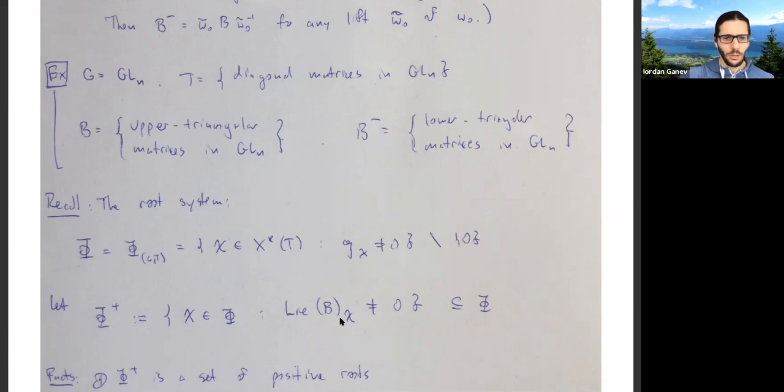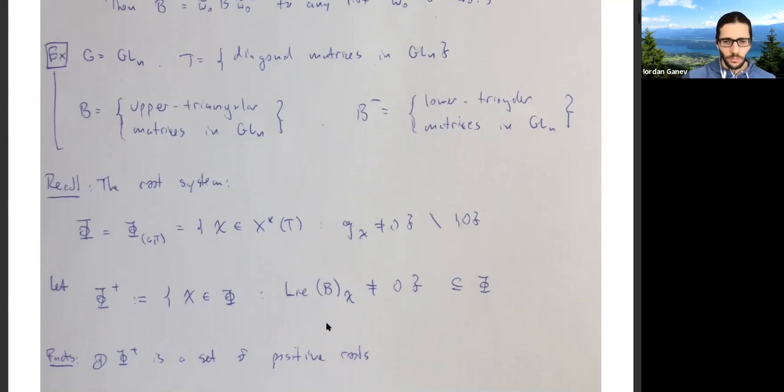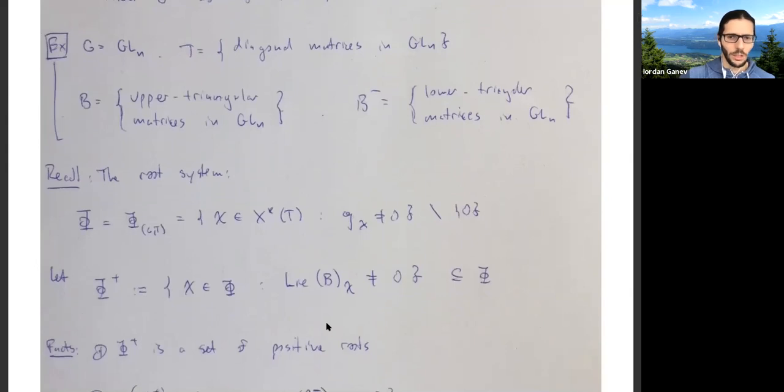Another way to choose a set of positive roots is to choose a Borel containing the torus. Then the characters that appear in the adjoint action on the Lie algebra of that Borel subgroup will form a set of positive roots. So picking a Borel that contains T and picking a set of positive roots is essentially the same thing.